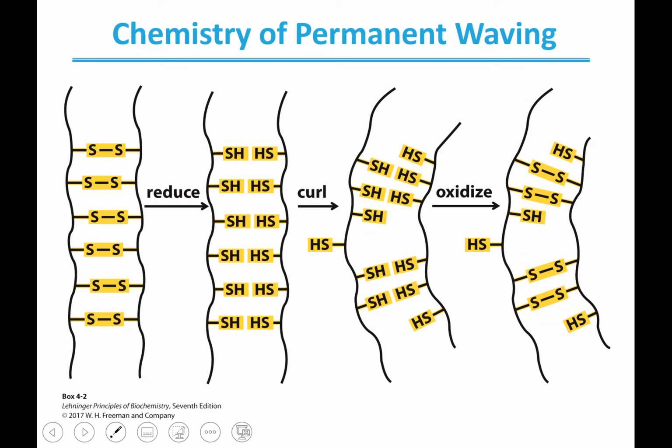When it does that, the cysteine residues aren't lined up exactly like they were in the straight hair. Then you oxidize them, right? And oxidizing them makes the formation of these disulfides, but now they're at different positions, and that makes the hair hold a different shape, in this case a curl.